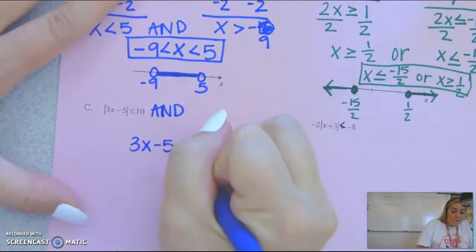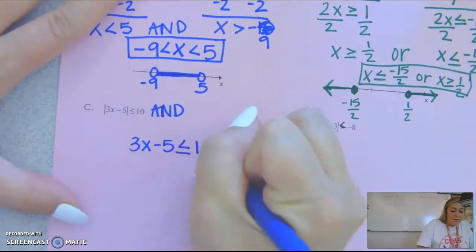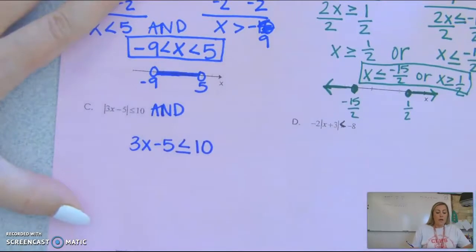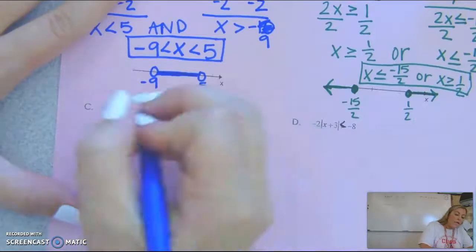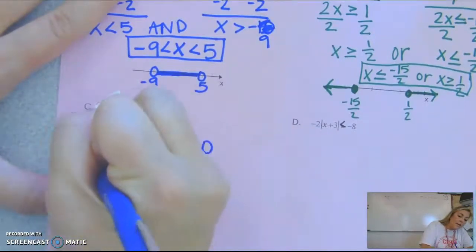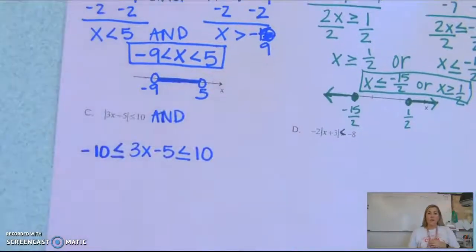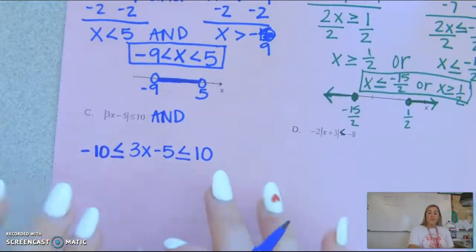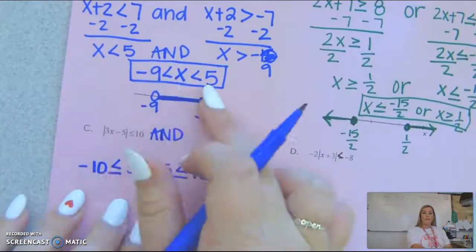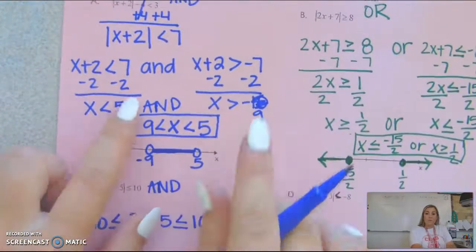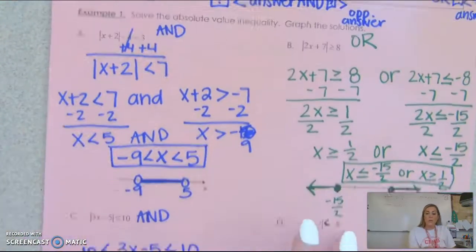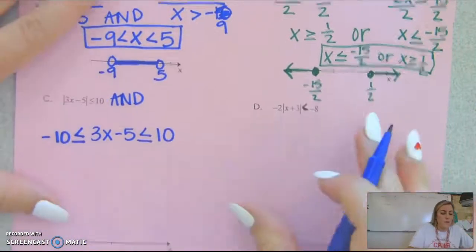I'm going to have my less than or equal to 10 over here. And then I can put my -10 on the other side. So this looks just how our final answer does over here. You can set it up like this if you want, or you can make it 2 separate problems. It's totally up to you, same thing.